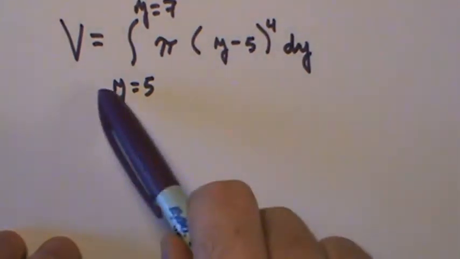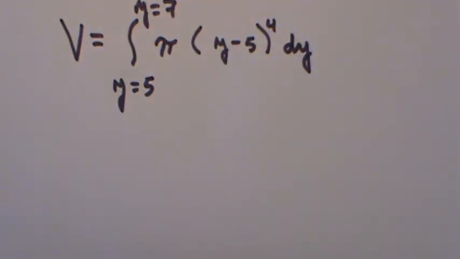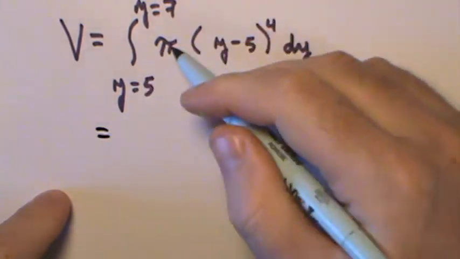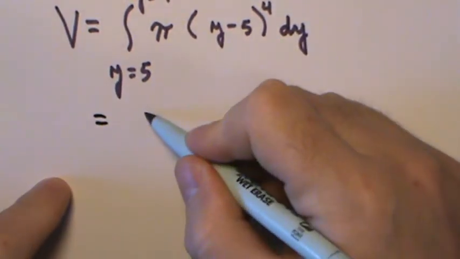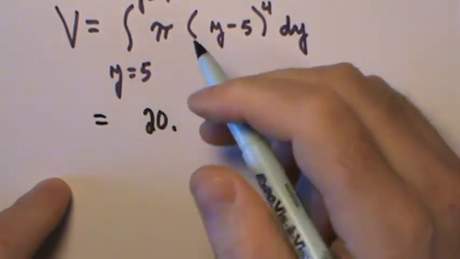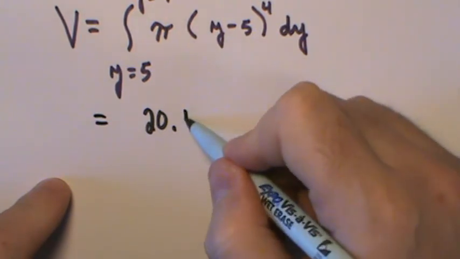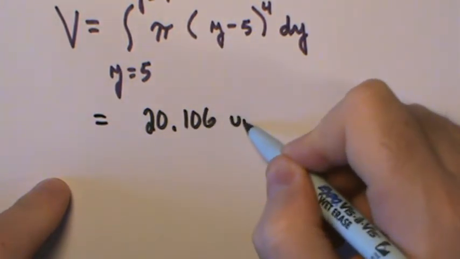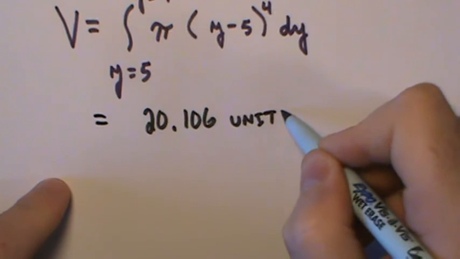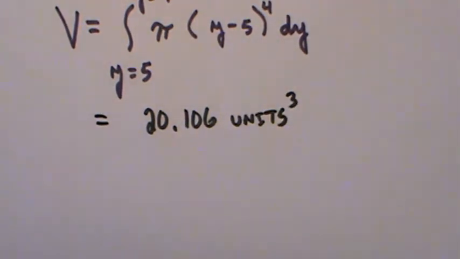So when I write this formula here and then I go to my answer, it already has the pi in it. So I'll say that this is 20.106 units cubed. So I let that calculator do all the work.